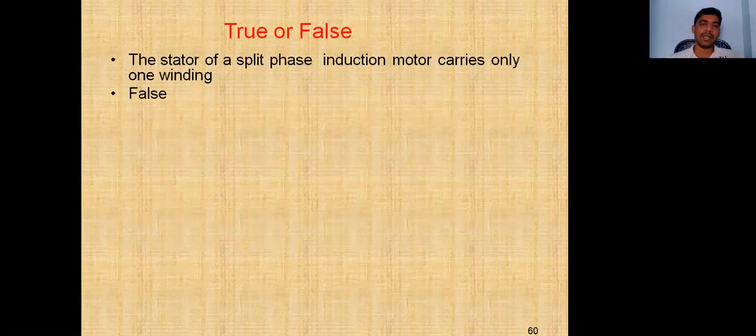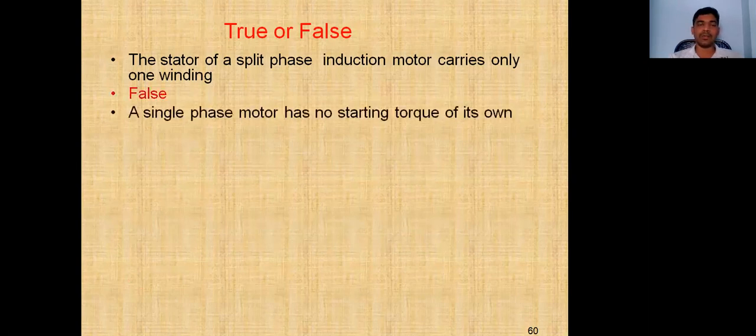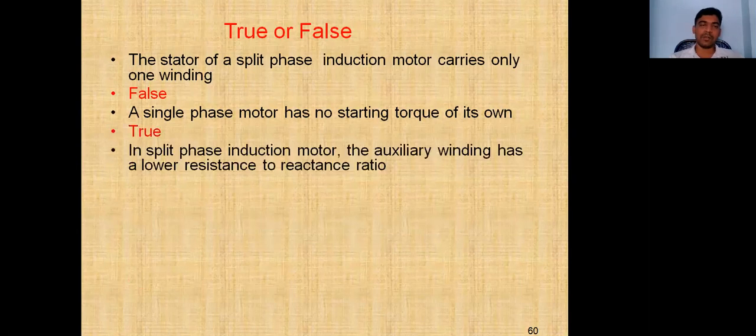The stator of a split-phase induction motor carries only one winding. False, it carries two windings. A single-phase motor has no starting torque of its own. Yes, it is true. In a split-phase induction motor, the auxiliary winding has lower resistance to reactance ratio. False.